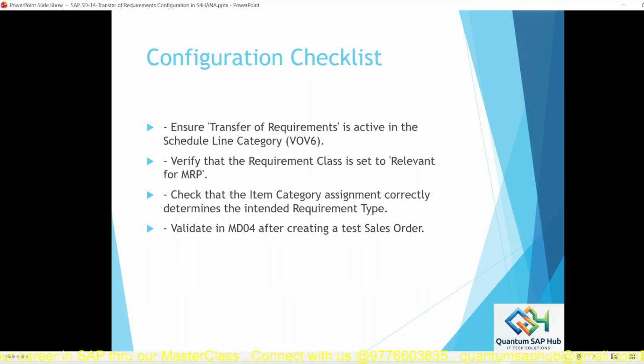Now, what is the checklist? Transfer of requirement must be active in VOV5 and VOV6. To ensure TOR works in SAP, you have to ensure transfer of requirement is active in the schedule line first.